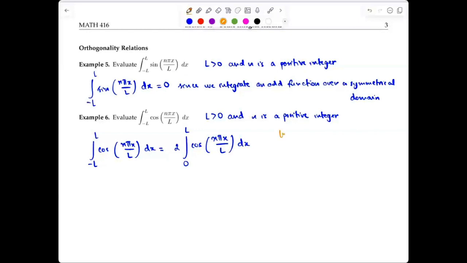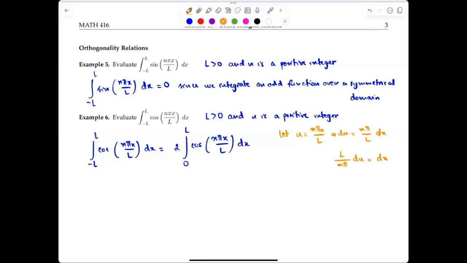I let u equal n pi x over L. Therefore du is equal to n pi over L dx. Or if you multiply both sides by L over n pi, you get L over n pi du equals dx.